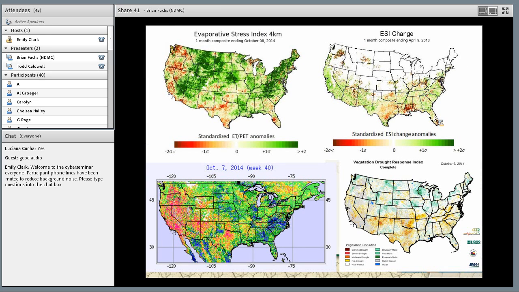More recently, we have seen Martha Anderson's group developing the ESI, or Evaporative Stress Index, again looking at evaporation or moisture loss during particular periods of time, and even the change maps associated with it, so we can see areas that based on evaporative losses we could dig in to see, again, are these causing drought-related stress.